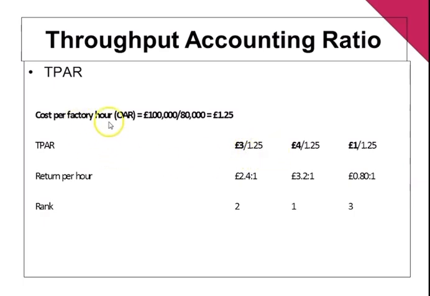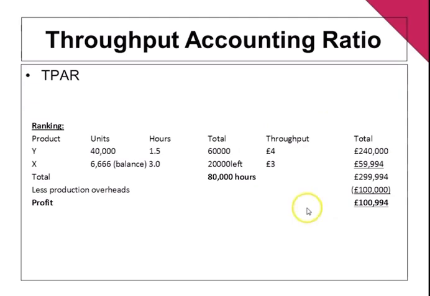Our OAR is our total cost of 100 grand, which is in the question, divided by our total labour hours, which is 80,000, gives us an OAR of 125. So there you go. Our throughput divided by our OAR gives us these returns. And so yes, the one to make first is Y.